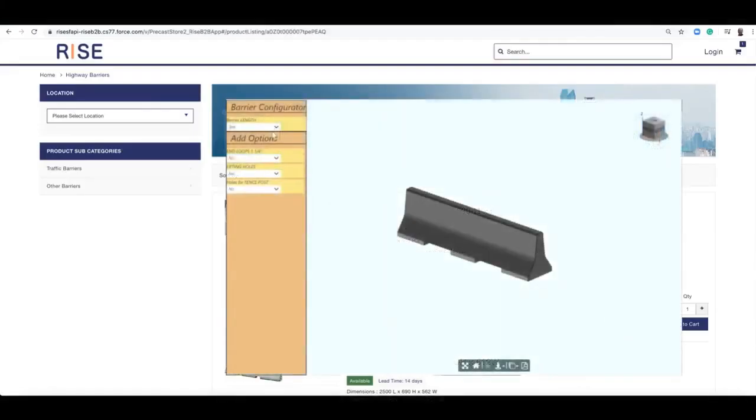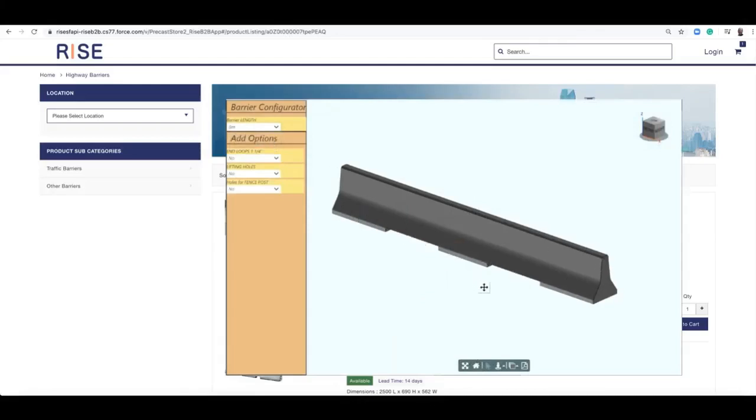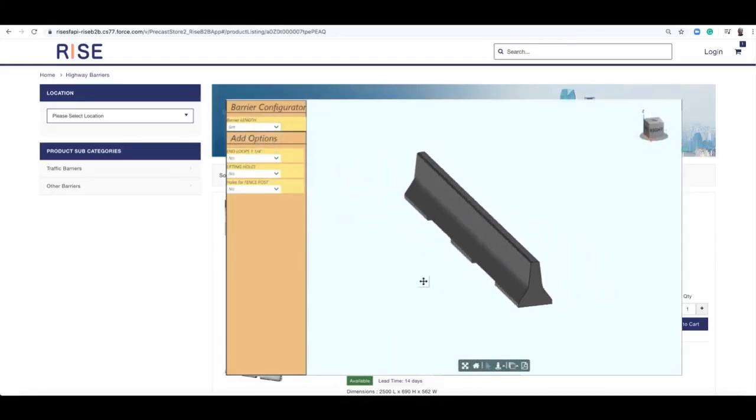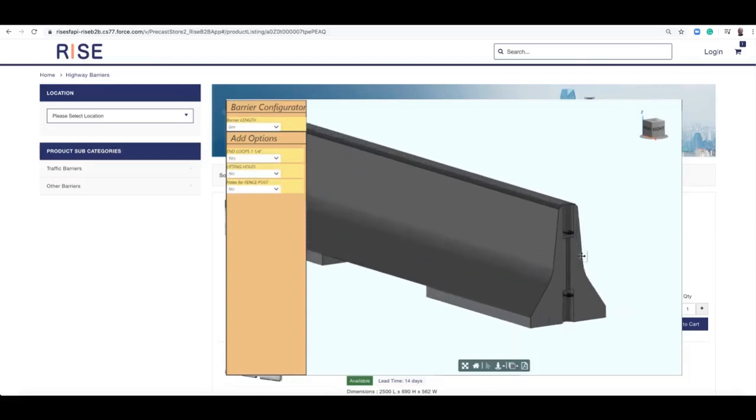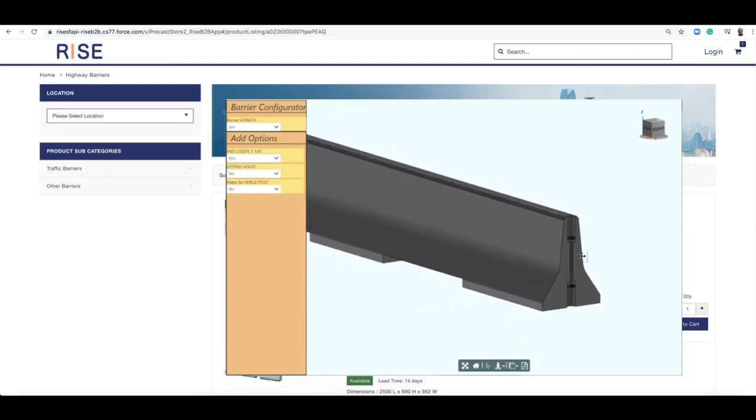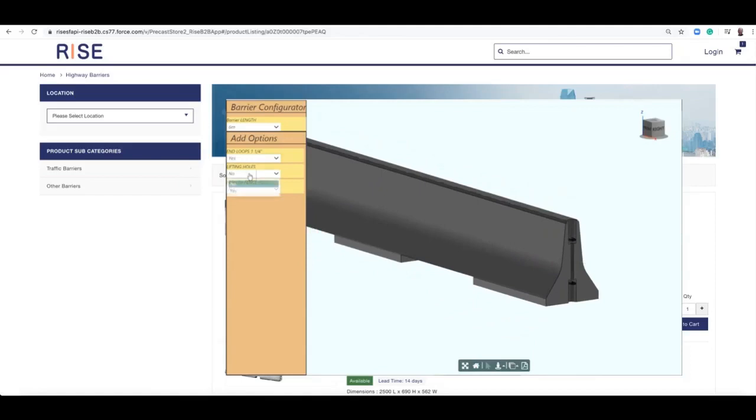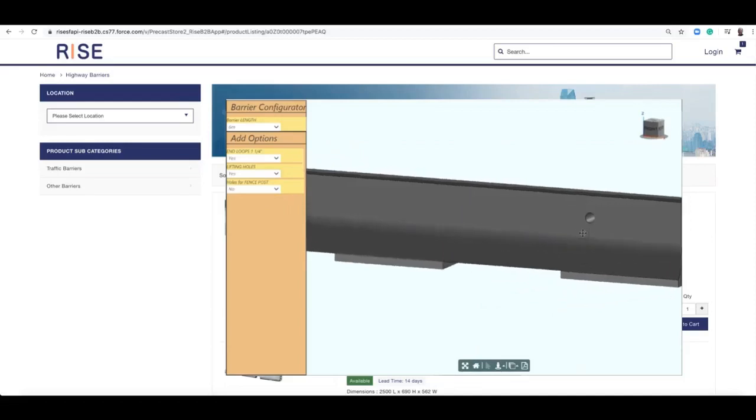Now I'm going to illustrate a barrier configuration that has been done in a 3D rendering tool that allows you to fully manipulate the 3D object, which includes all the configuration options. And by the way, when I say configuration, that is shopping cart experience terminology, but those are actually engineering options as well. So as you look here, we've added a hole for lifting.